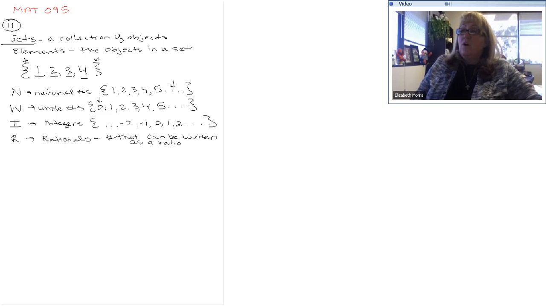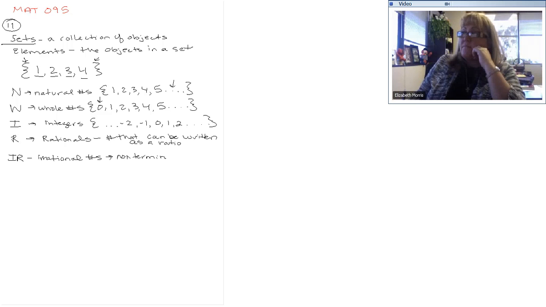Anything else are what we call irrational numbers. Irrational numbers can't be written as a ratio or a fraction because they are non-terminating, non-repeating decimal numbers.